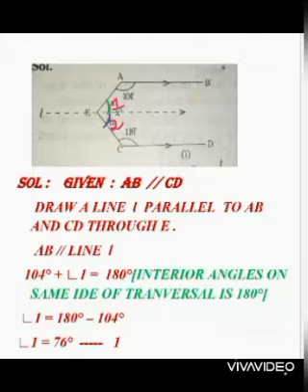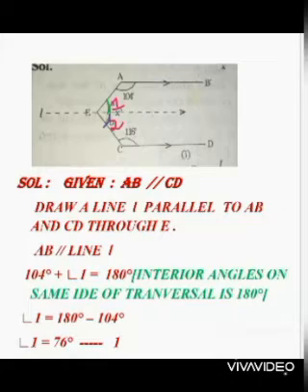Angle 1 plus, here they have given the measure as 104 degrees, isn't it? So angle 1 plus 104 degrees is equal to 180 degrees. You know the reason, isn't it? Sum of interior angles on the same side of the transversal is 180 degrees.